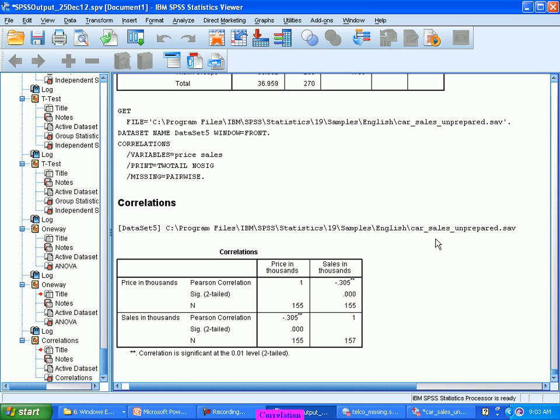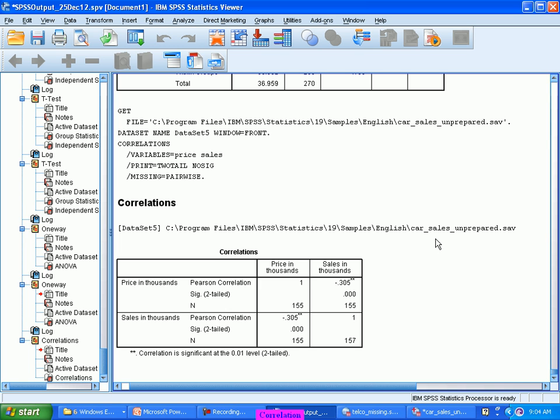So whenever we are testing for correlations, the first thing we have to look at is the significance level. Instead of looking at the values, first observe the significance level. Is it less than 0.05 or greater than 0.05? If it is less than 0.05, I will go with the alternate hypothesis: correlation not equal to 0.